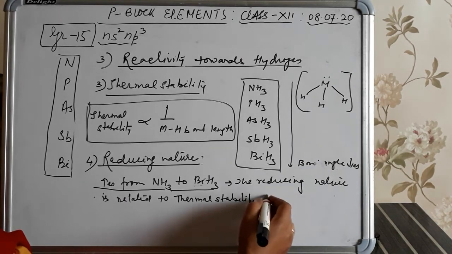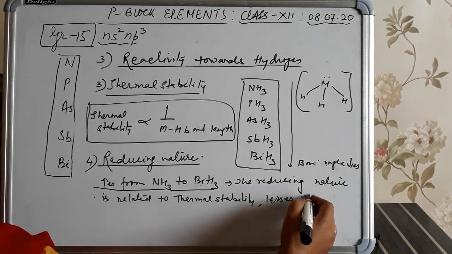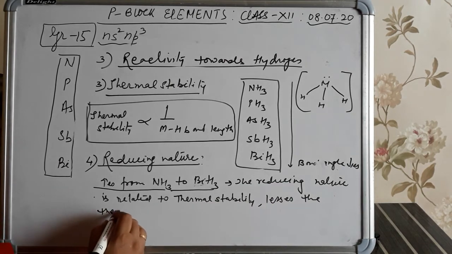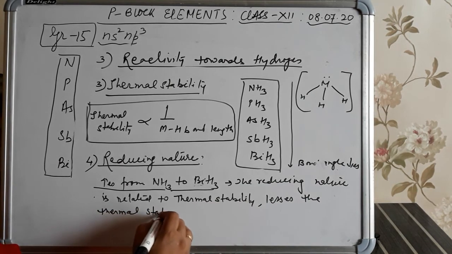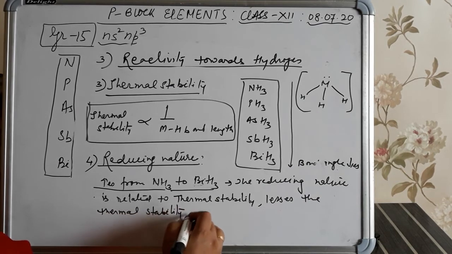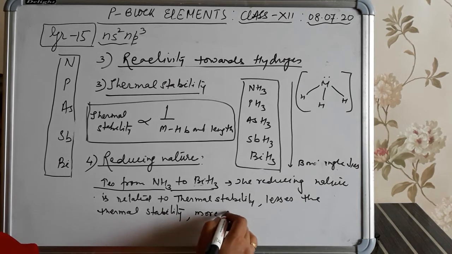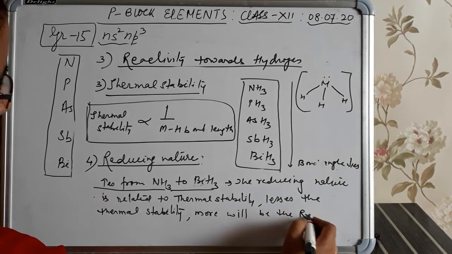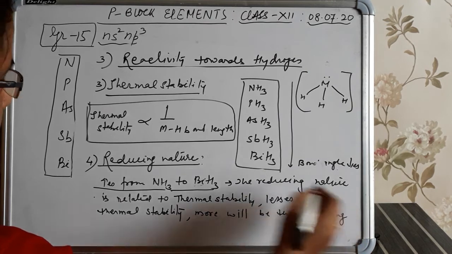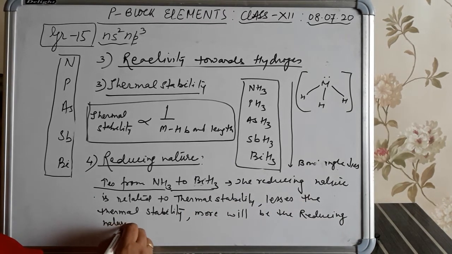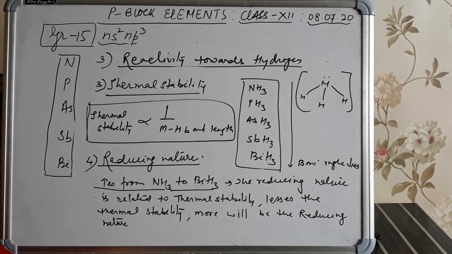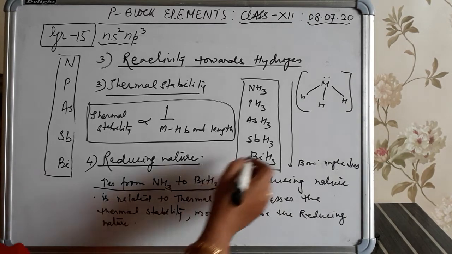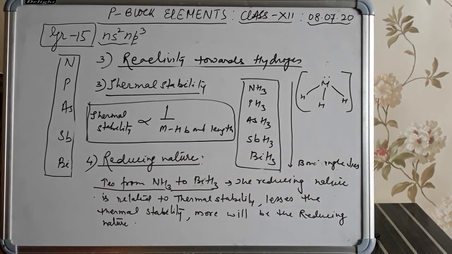The lesser the thermal stability, the more will be the reducing nature. So in that condition, bismuth hydride has the maximum reducing character since it is least stable in nature.